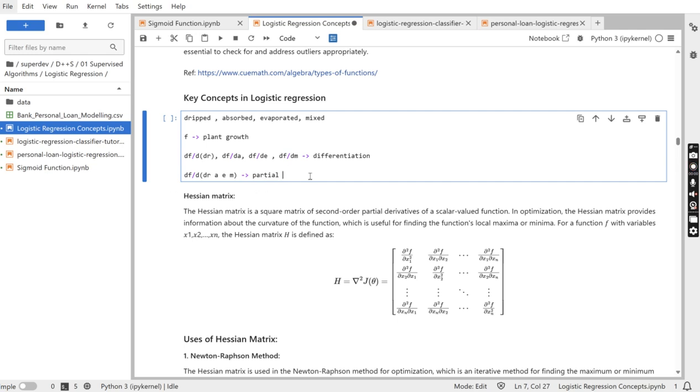For partial, I differentiate f with respect to dr only, to see how much it is getting impacted.